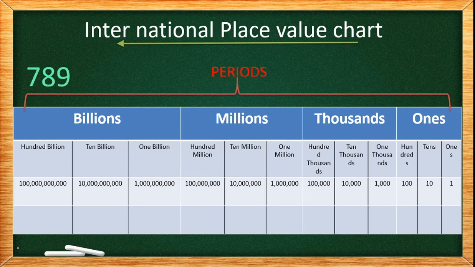Now how can we write the same number in international place value chart? 9 goes to ones place, 8 tens place, 7 in hundreds place. So it is same as in the Indian place value chart, 789.